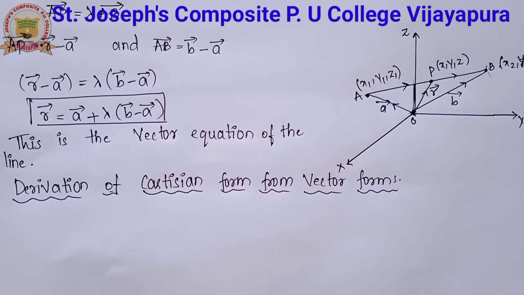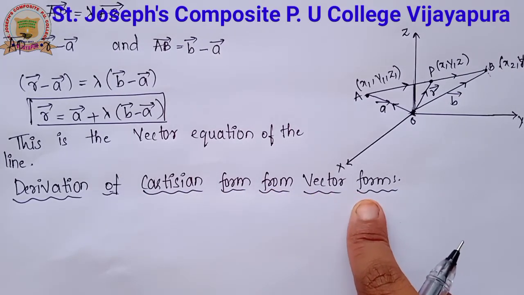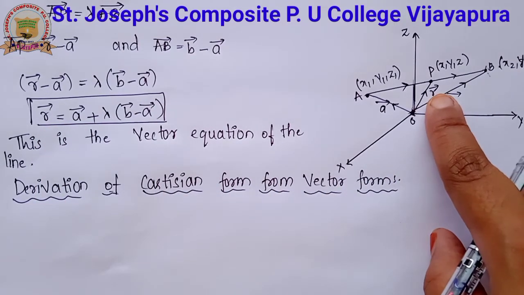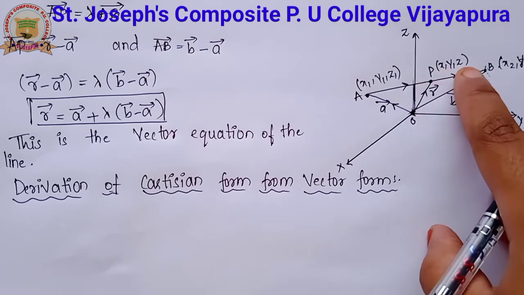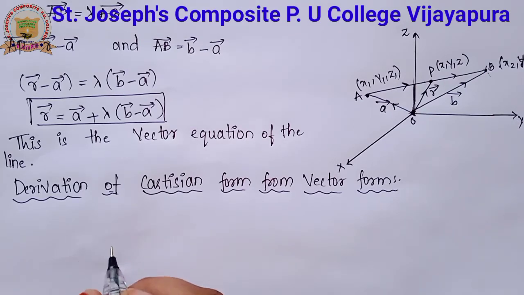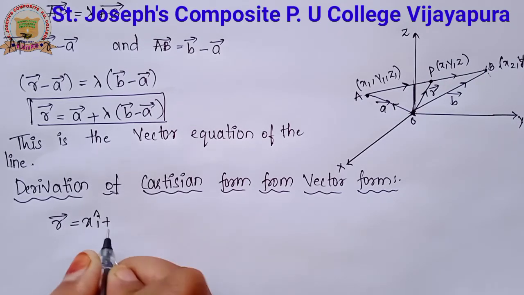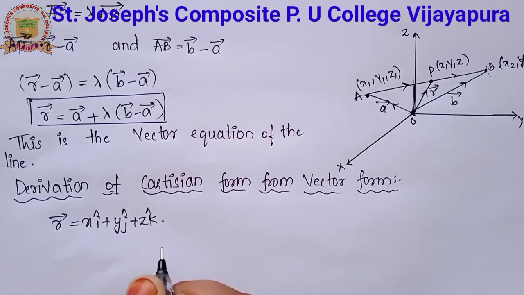Now the derivation of the Cartesian form from the vector form. Vector R is the position vector of the point P having the coordinates x, y, z. Then in vector form, R equals xi plus yj plus zk vector.